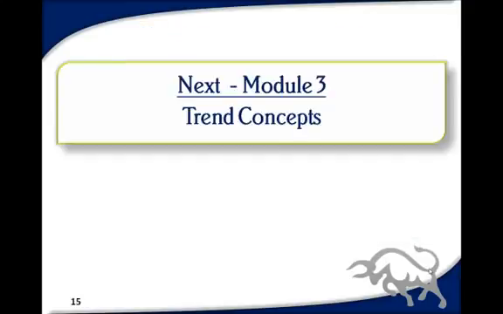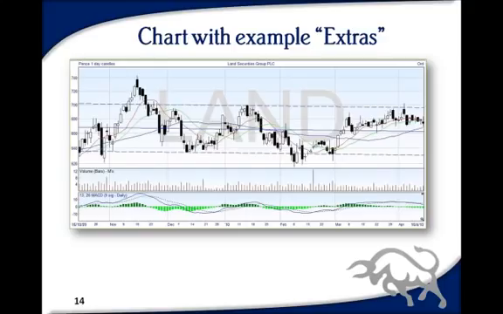The moving averages, the blue, green and red, are the lines which curve around here, and we have another module talking about moving averages later. And here we've also added the MACD.